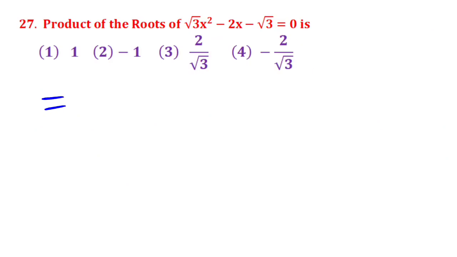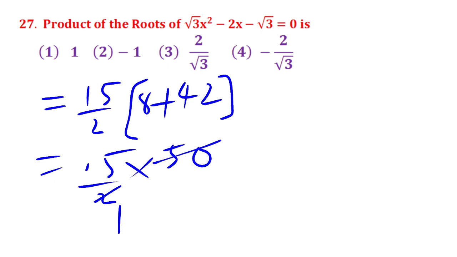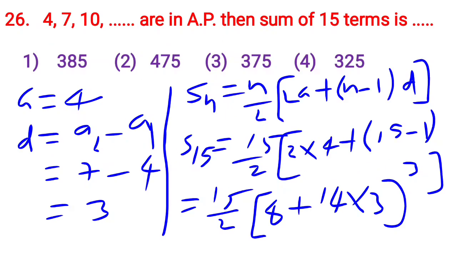So it is equal to 15 by 2 into 8 plus 14 3s are 42. So it is equal to 15 by 2, 8 plus 42 is 50. 2 1s are 2, 25s are. So 15 into 25, 15 25s are 375. So then option 3 is correct.